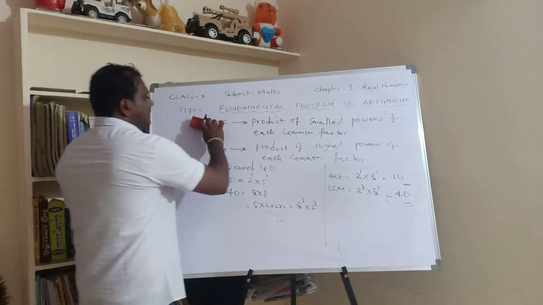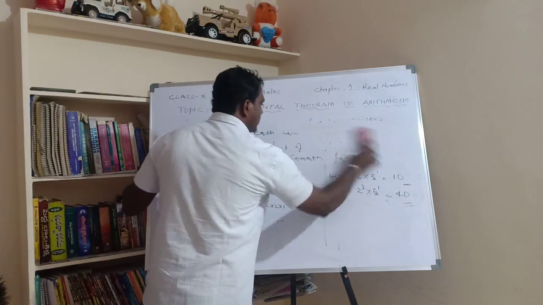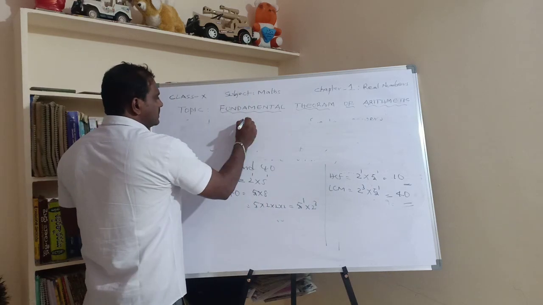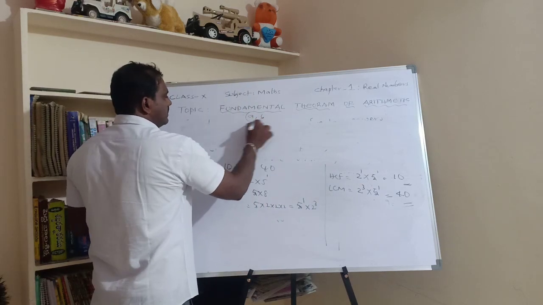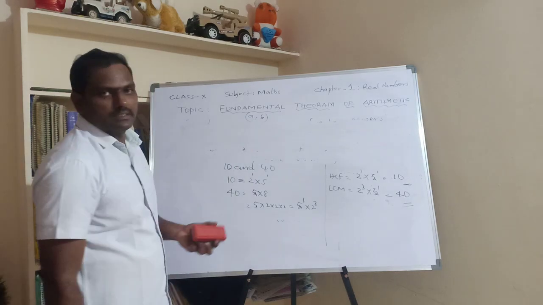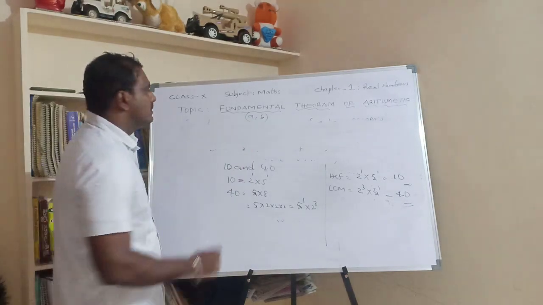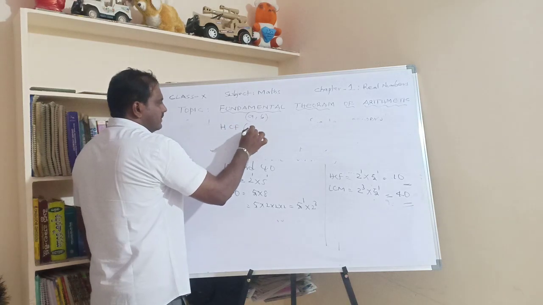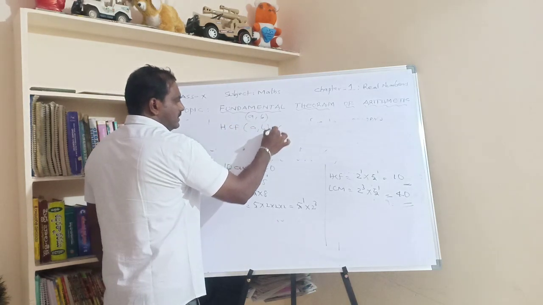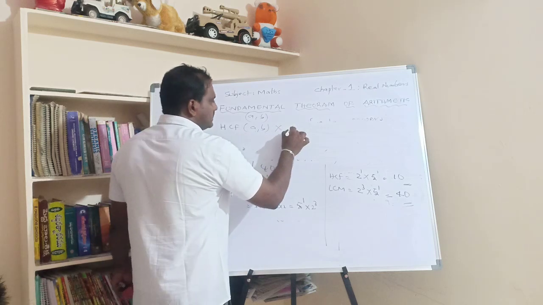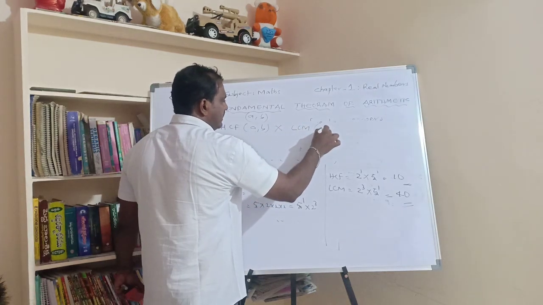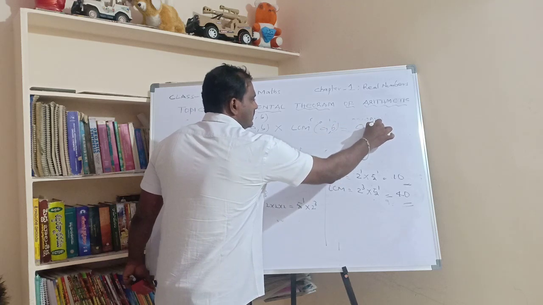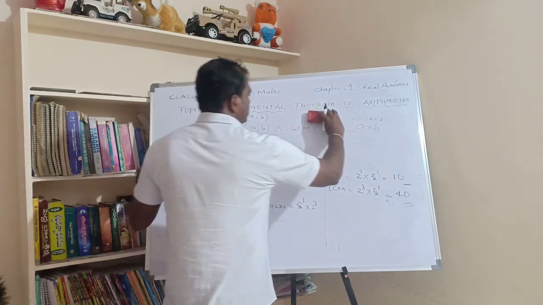Right? So here there is a relationship between LCM and HCF. Suppose A and B are any two numbers. The point is that the HCF of A and B into the LCM of A and B is equal to A into B. That means the product of the two numbers.